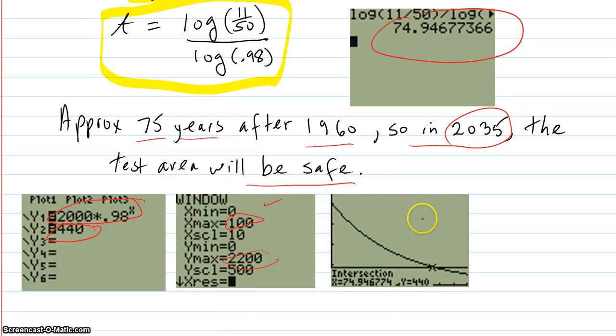Then when you do a second calc intersect again, you'll find this point, which is the same exact number as we had with this one. So this one matches up with this, and so we know we're correct.